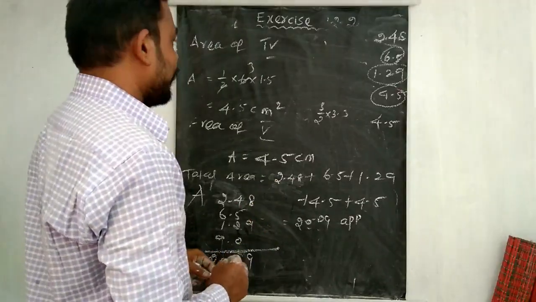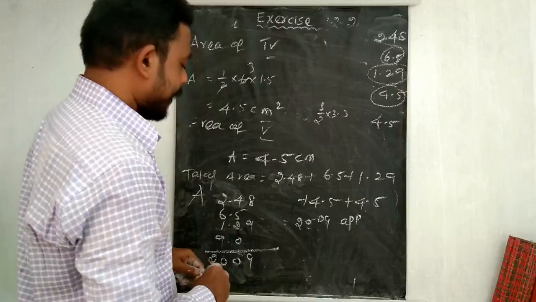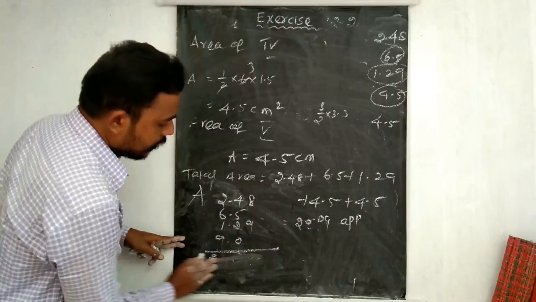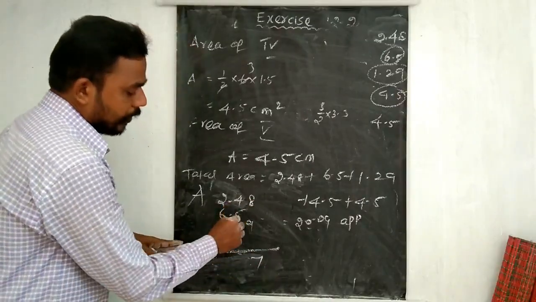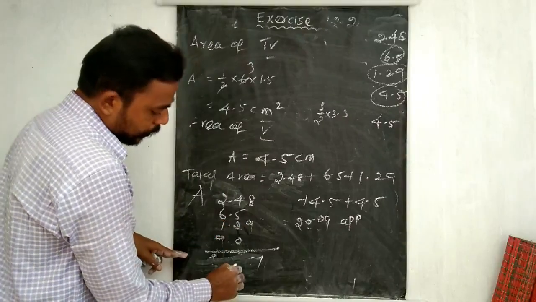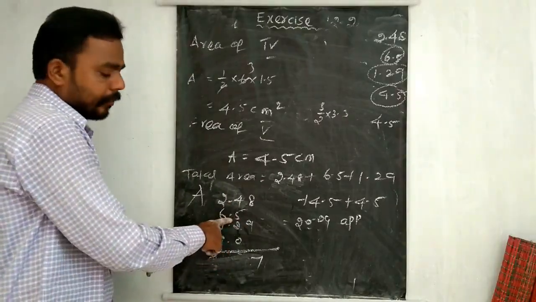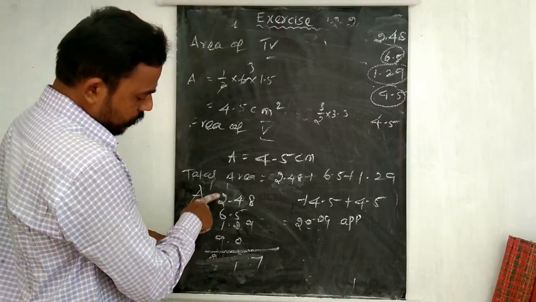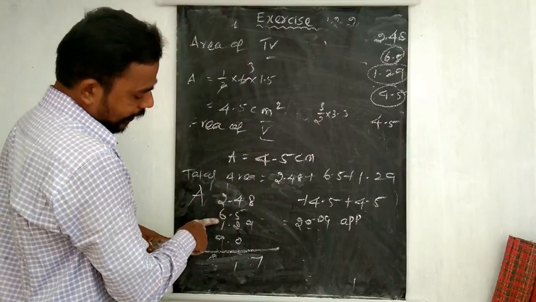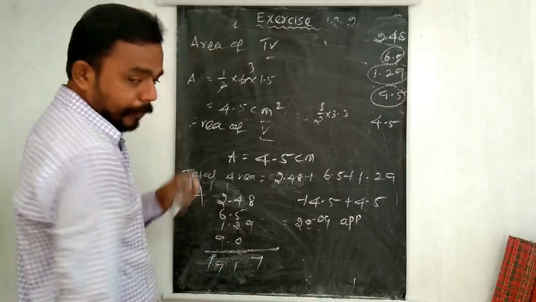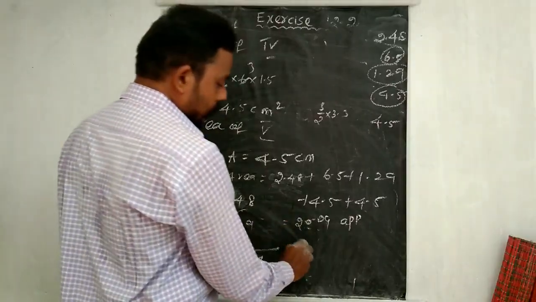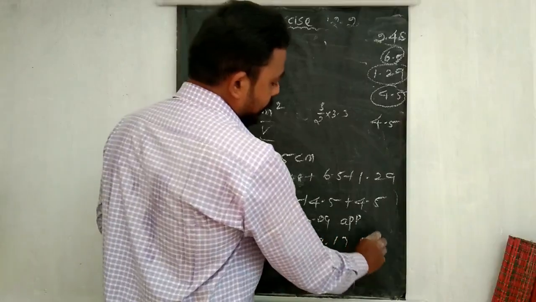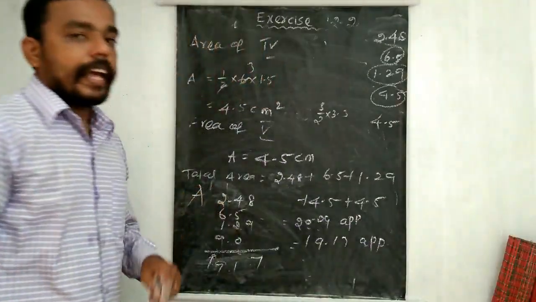So 2.48, 6.5, 1.299. So 7, 9, 9, 4 plus 5, 9, 11, remaining 1, 3, 9, 10, 19. 19.17. So 19.17 approximately. So this is the answer.